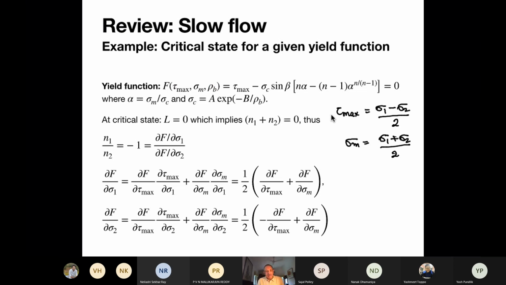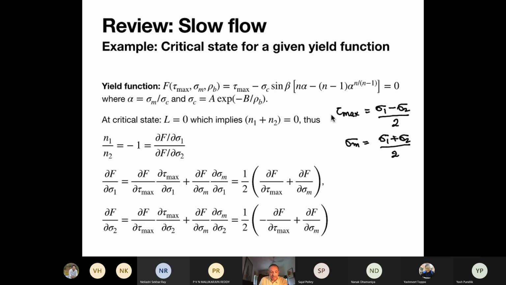In the previous class, we tried to find what is the condition for the critical state given this yield condition. If we use the flow rule, then we find that the ratio of del f by del sigma 1 to del f by del sigma 2 is -1. This is for any function f. We have proved this. So at the critical state, this ratio must be equal to -1.